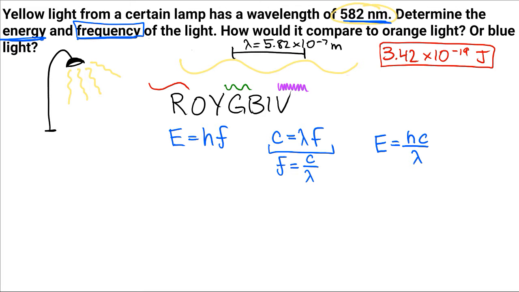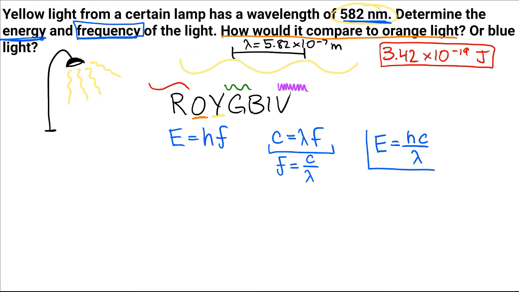We're asked, how would the energy and the frequency of this yellow photon compare to the photon energy and frequency of orange light? So yellow versus orange. Yellow would be here, and it has shorter wavelengths than orange because orange is closer to red. So look at this equation first.